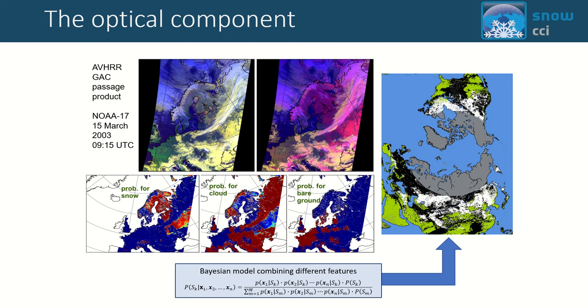The fusion algorithm we have established includes 3 different components. The optical component, using AVHRR GAC data, is based on a Bayesian model combining different features. So we estimate the probability for snow, for cloud, and for bare ground.